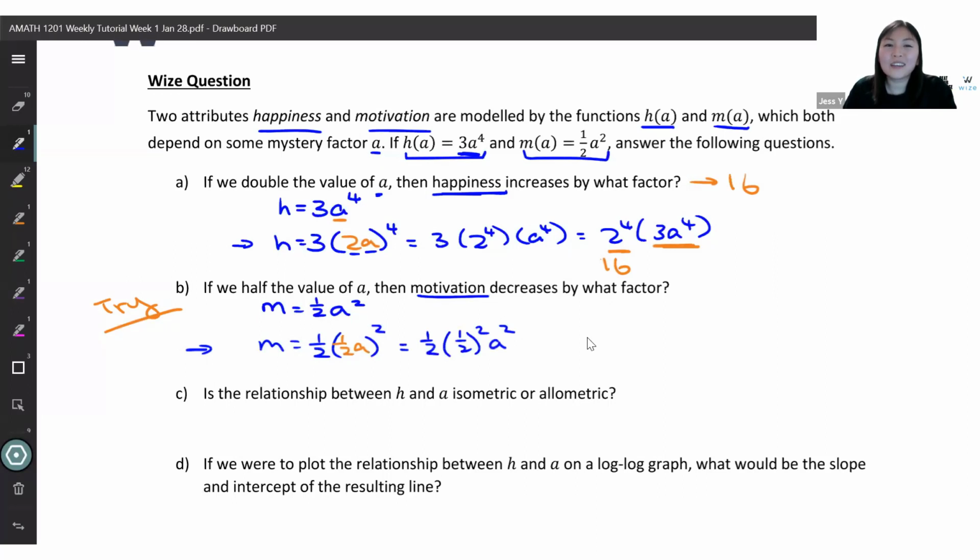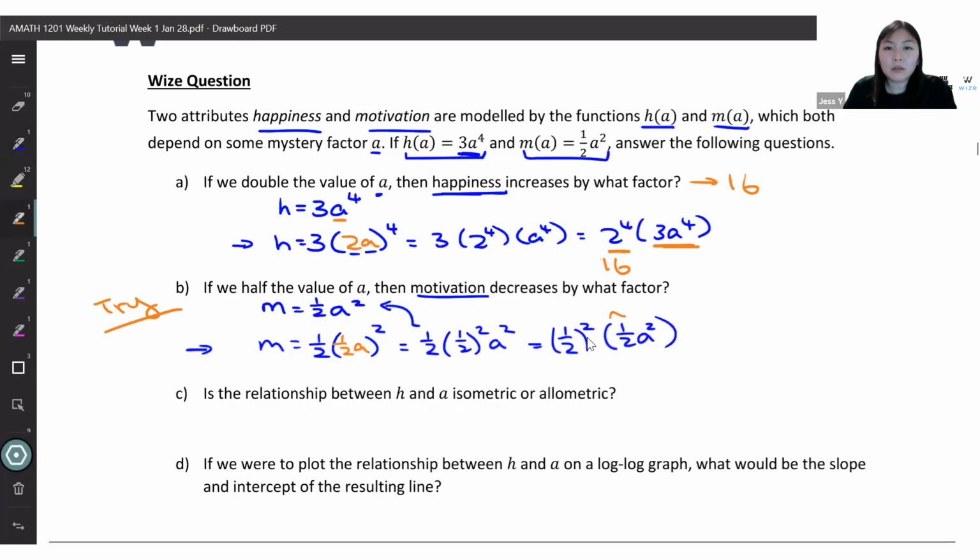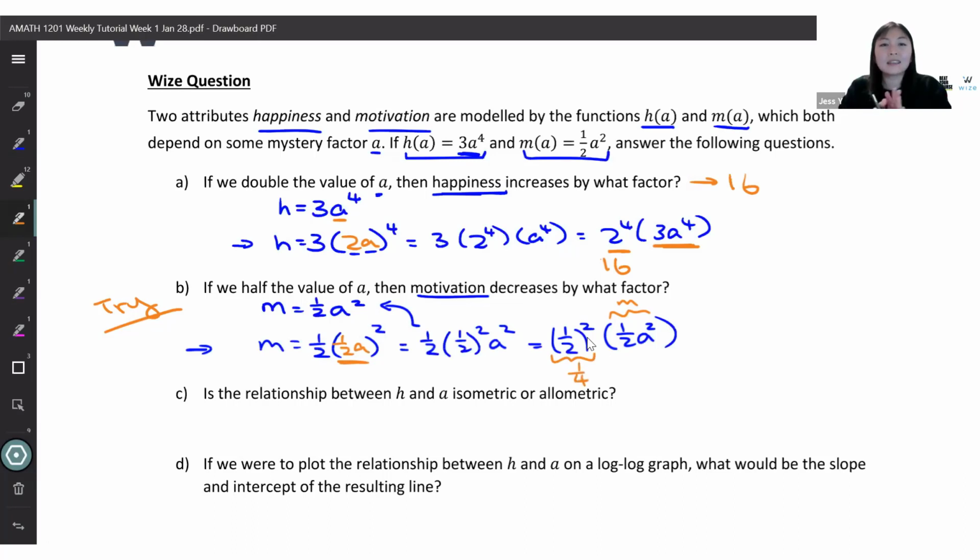Again, this should look like our original m. It differs by just a little bit. So I'm going to take out what looks different, which is this 1/2 squared, and then I still have my 1/2 a squared, which is just my original m. So what's the difference? I replaced a with 1/2 a, and now my equation is multiplied by 1/2 squared, which is 1/4, meaning that when a gets cut in half, motivation decreases by a factor of 1/4.